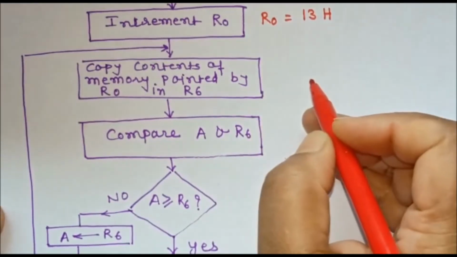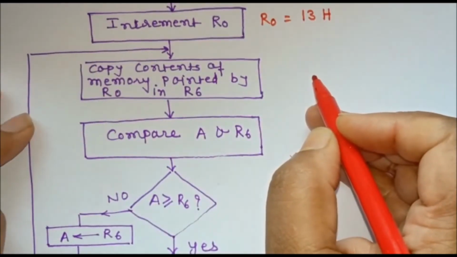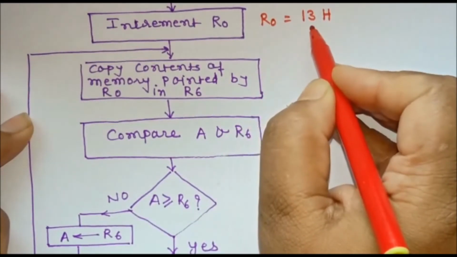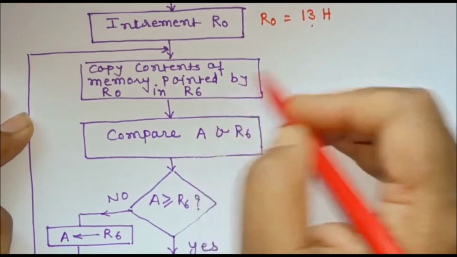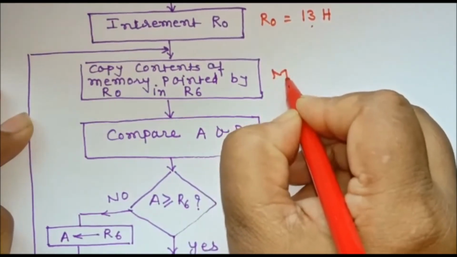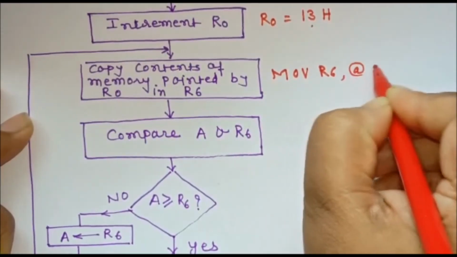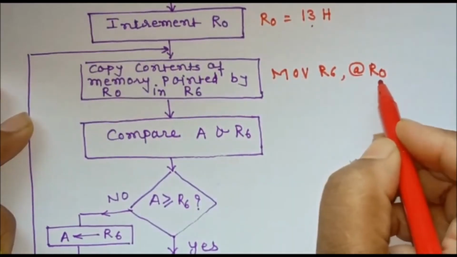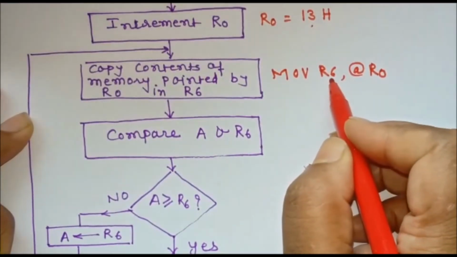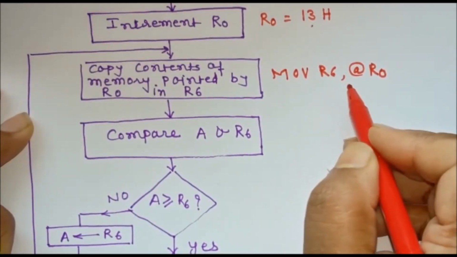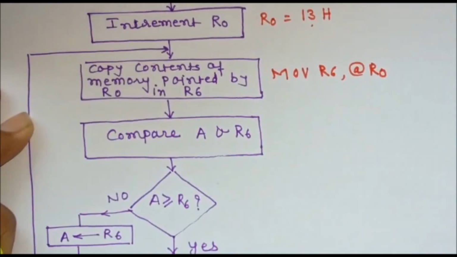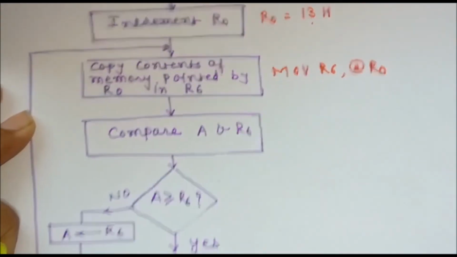Next step is to copy the contents of memory location pointed by R0, which is 13H, into register R6. For that we can use instruction MOV R6, @R0. So next memory location number is stored in register R6. Next we want to compare contents of accumulator and R6.